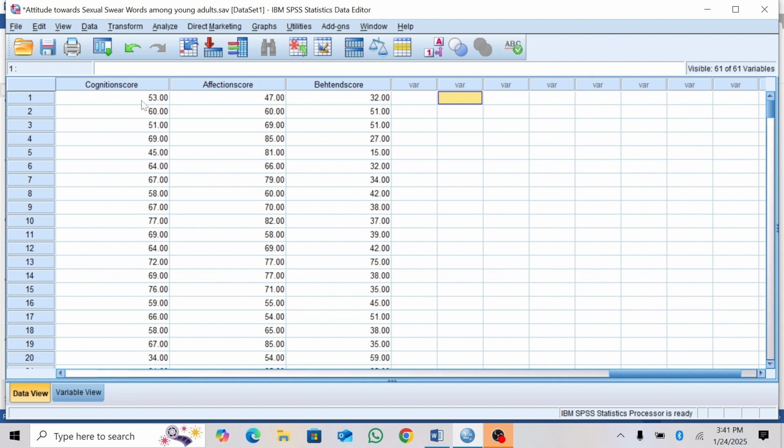Here is one data row: the sum of cognition score, sum of affection score, and sum of behavior tendency score for one person.